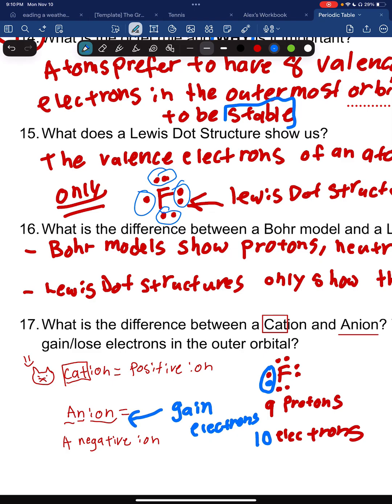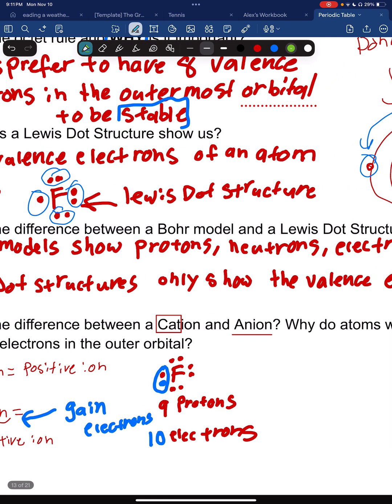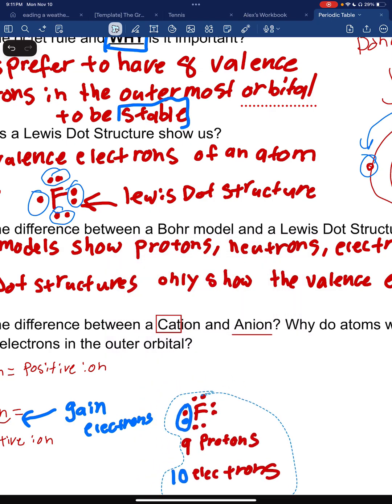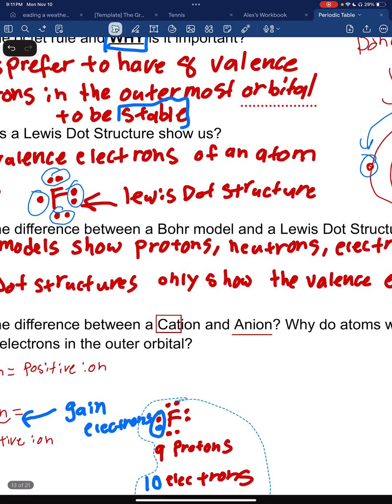Okay. If it's going to lose electrons, so let's say our sodium here. Hold on, let me move this. Move it down there. That'll be fine.